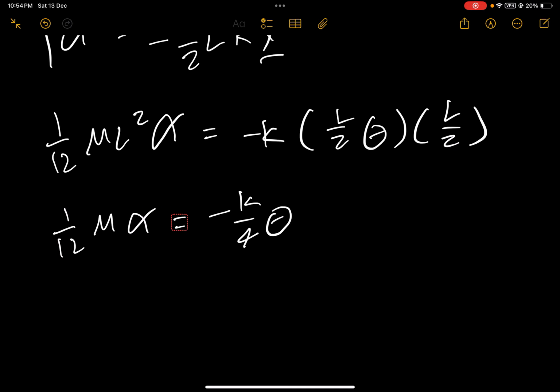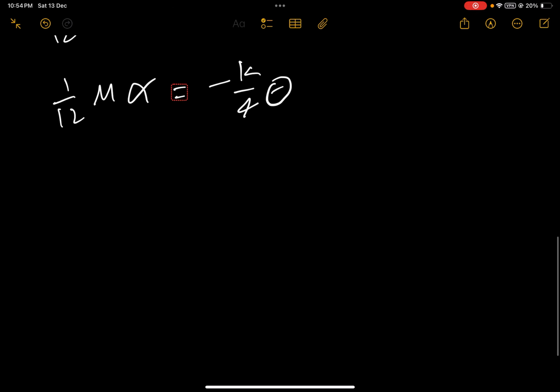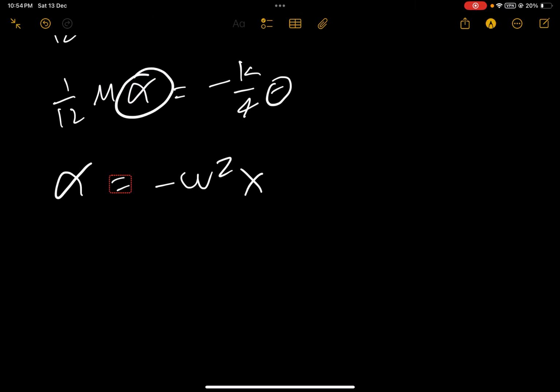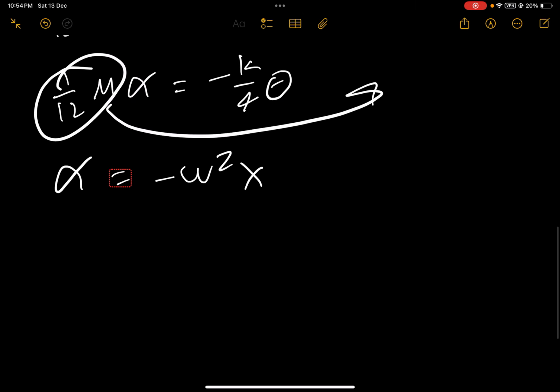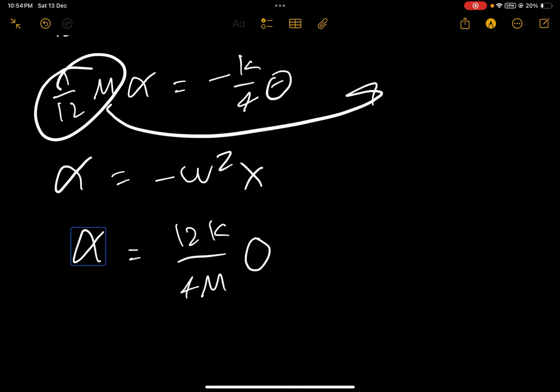So, fellas, does this look familiar yet? That's what I thought. Now, does this look familiar? All right, let's move this term to that. And now we will have alpha is equal to 12k over 4m theta.